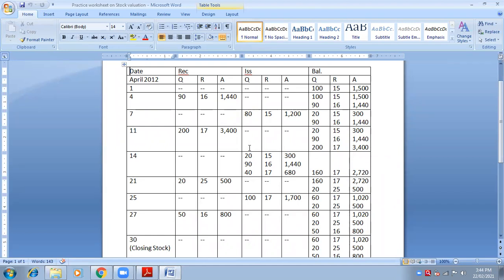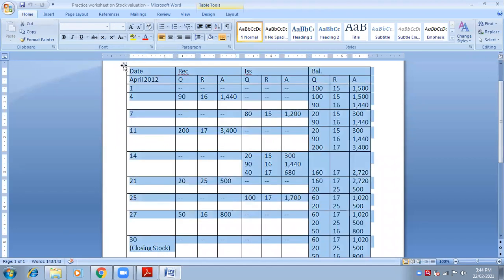Okay, and then after receipt, we have made quantity, rate, and amount. For issue again, same quantity, rate, and amount. Balance again, quantity, rate, and amount. Okay, so let me just copy down this statement.